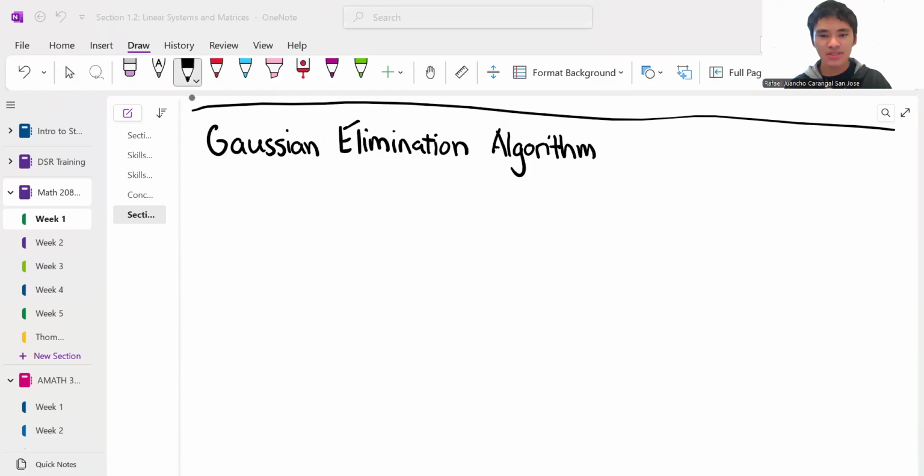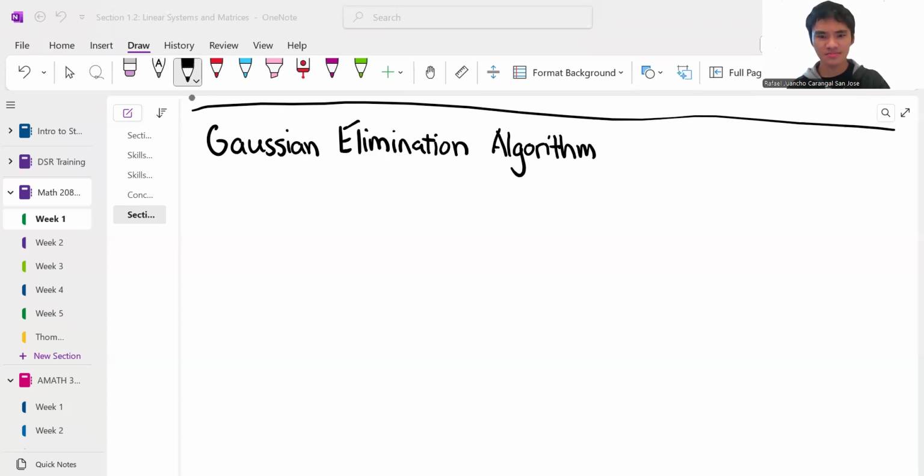After we do Gaussian elimination, the resulting matrix is in echelon form, or what we call row echelon form, and it will have certain properties.